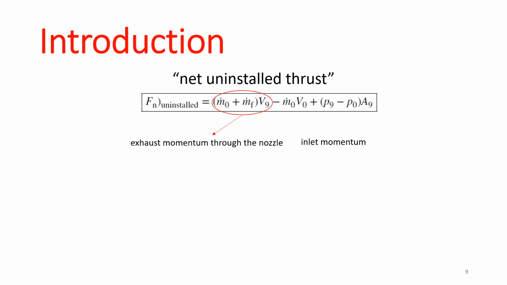Okay. So the first term on the right-hand side of this equation accounts for the exhaust momentum through the nozzle. The second term on the right-hand side accounts for the inlet momentum. And the third term on the right-hand side accounts for the pressure area.